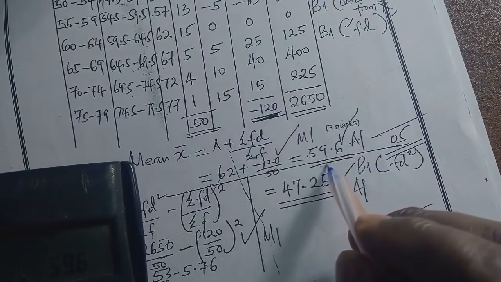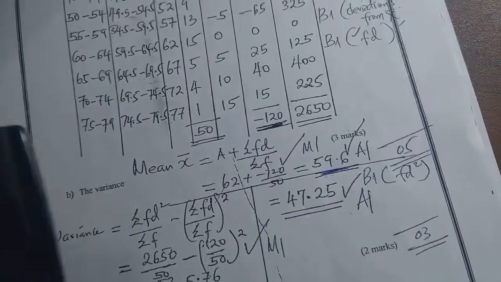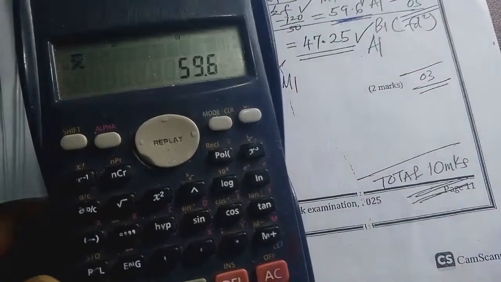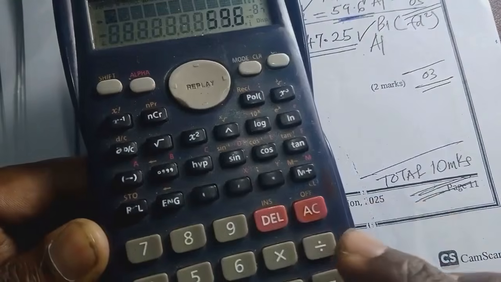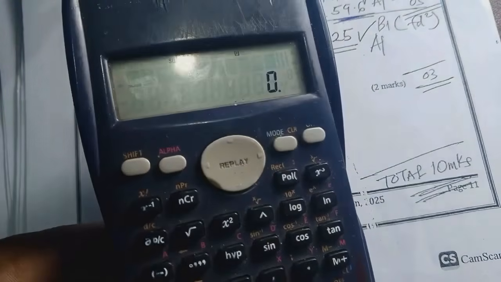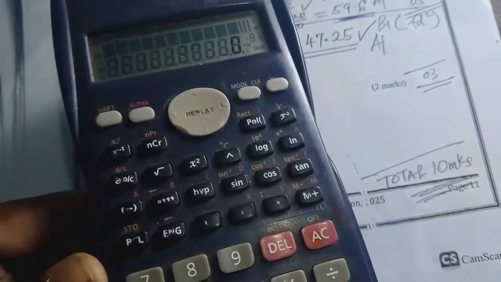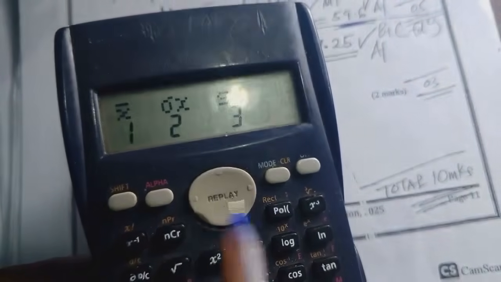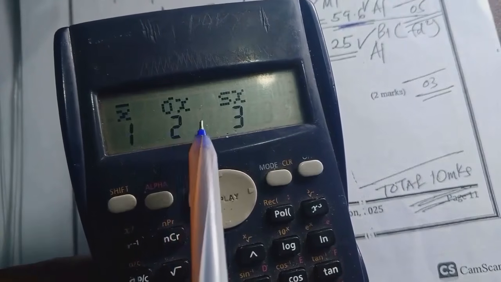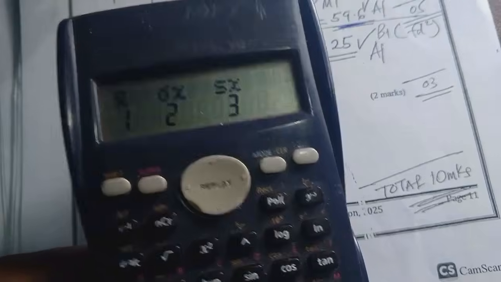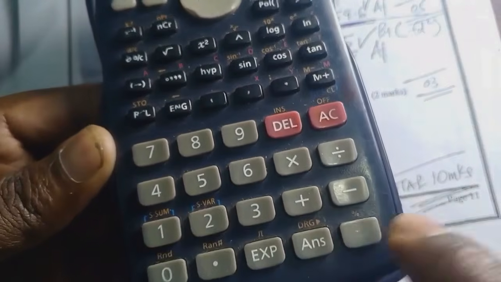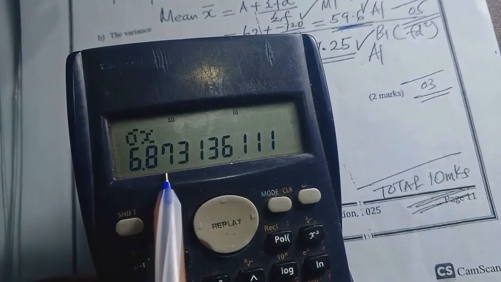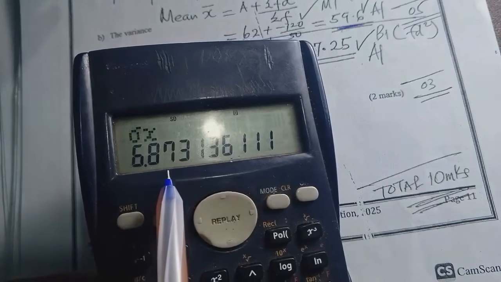Now let's confirm that your answer is correct for the standard deviation. Press AC, then shift 2. The middle one is standard deviation, so press 2, then equal. And the answer is 6.878, that is our standard deviation, and that is the standard deviation we have here.